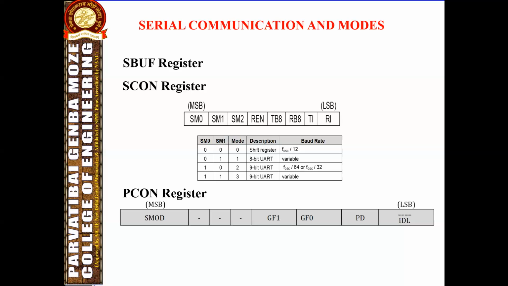The rate of data transfer in serial communication is stated in bits per second, or another widely used terminology is baud rate. What is the baud rate? Baud rate is not the same as bits per second. The baud rate is modem terminology and is defined as the number of signal changes per second.